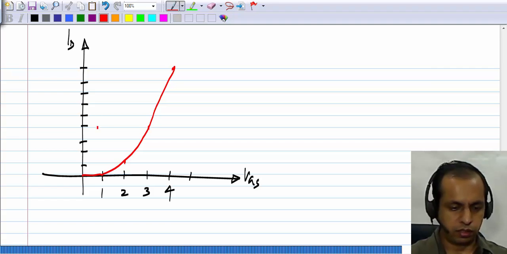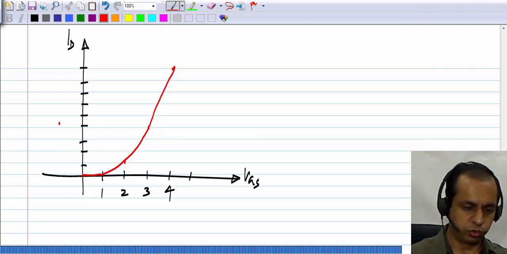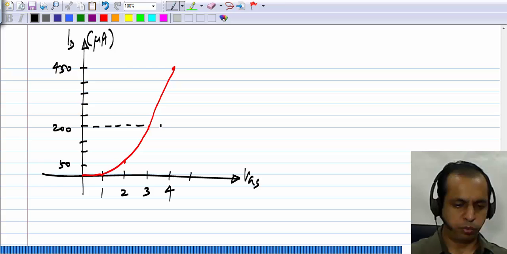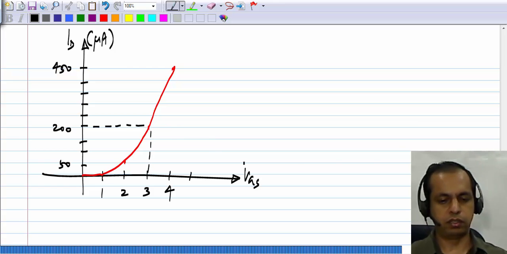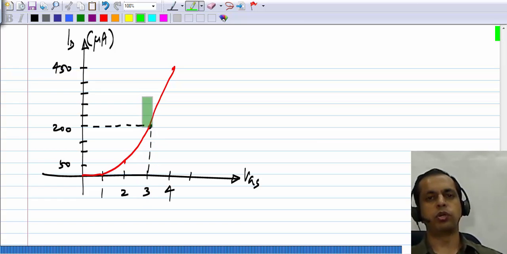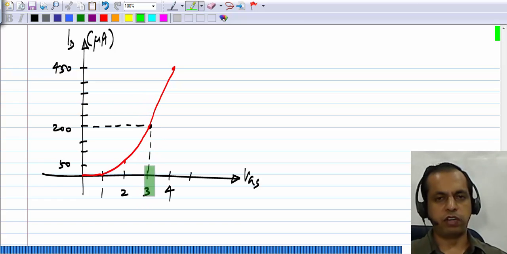At 3 volt gate source voltage, we have 200 microamperes. At 2 volts, we have 50 microamperes, and at 4 volts, we have 450 microamperes. And our operating point is over there.